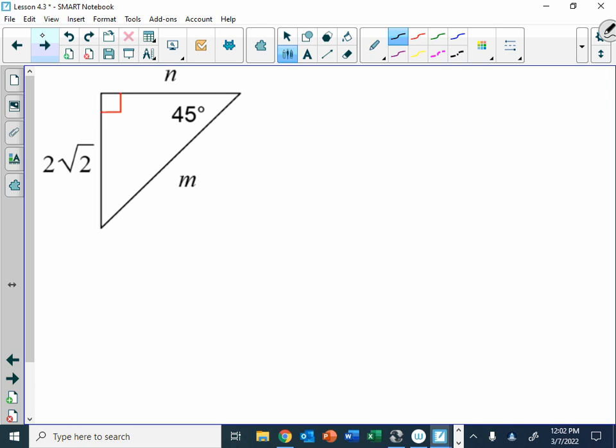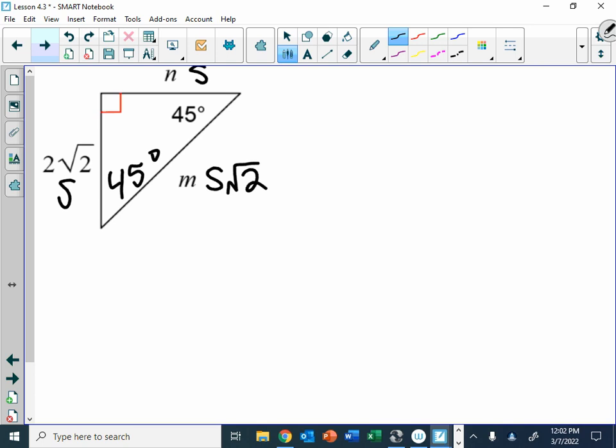This 2 square root of 2 I'm given. Leg or hypotenuse? Leg. How do I label the legs of a 45, 45, 90? S. Just because it has a square root of 2 does not mean it's s square root of 2. That's what I was talking about earlier. It's a leg, so it's s. My other leg is also s. Legs of a 45, 45, 90 are congruent. And then my hypotenuse is s square root of 2.